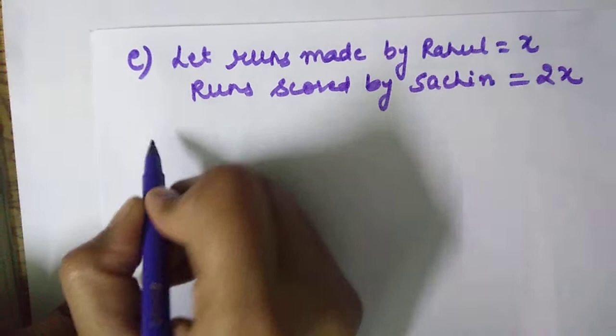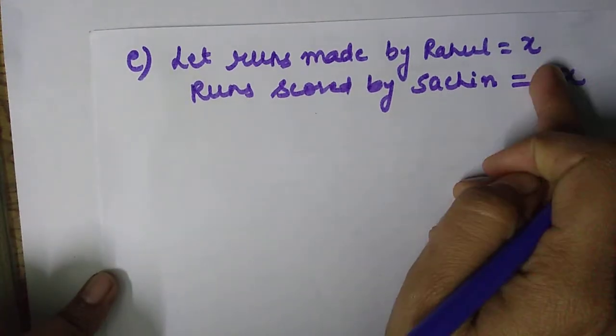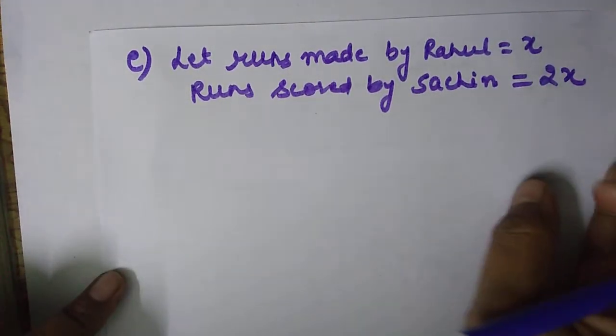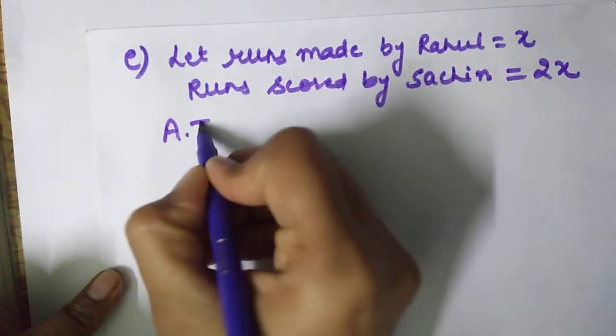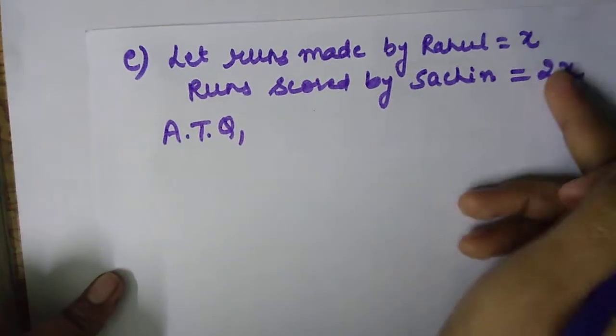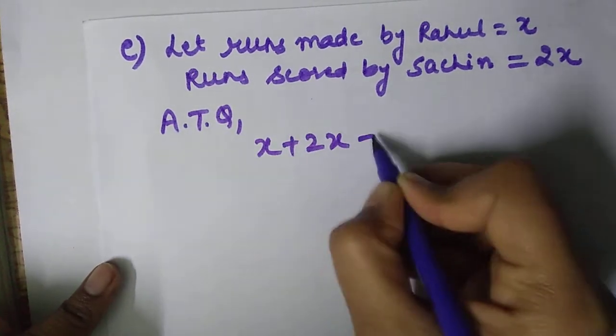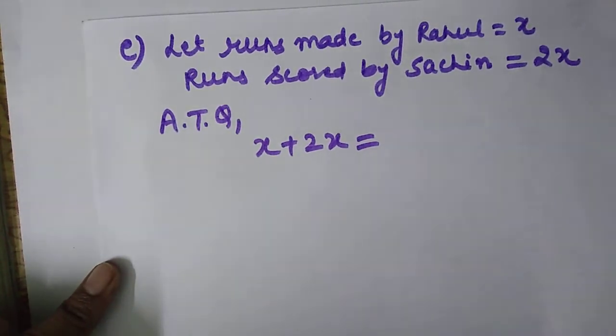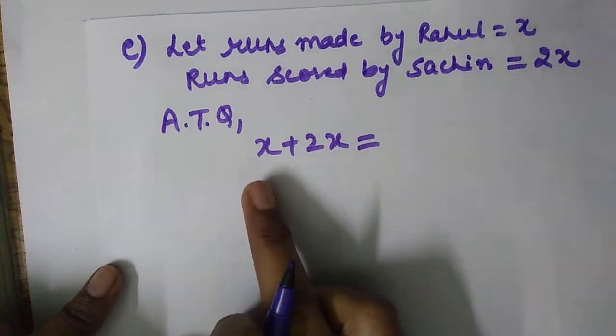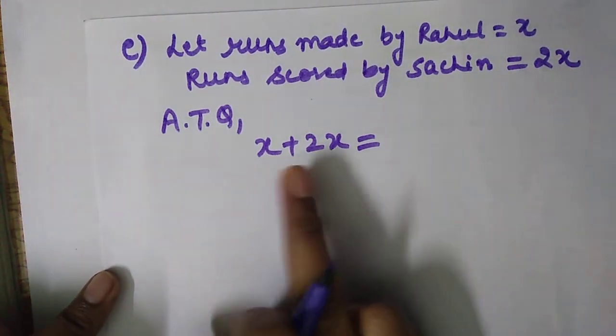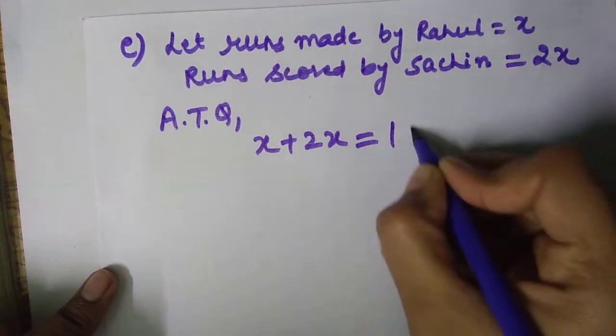Now together, their runs fell too short of a double century. It means according to the question, on adding them, if we combine the runs, the total is 198.